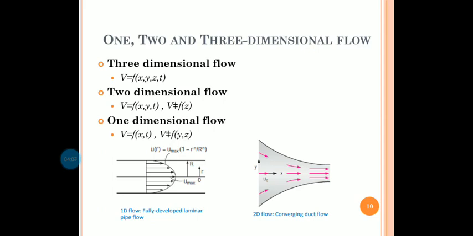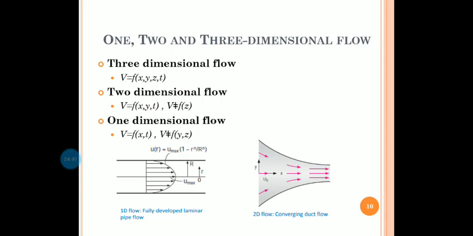Say there is no significant change in the velocity in the z direction, then we can ignore the velocity measurement in the z direction, and now the velocity is a function of x, y and time t. Further it can be simplified as one-dimensional flow, where velocity is a function of x and time t. Now it is not a function of y and z.